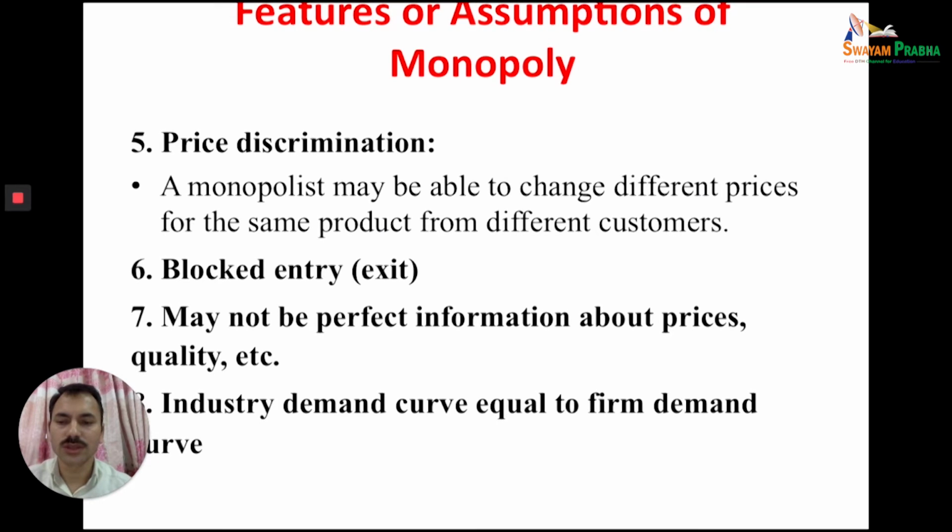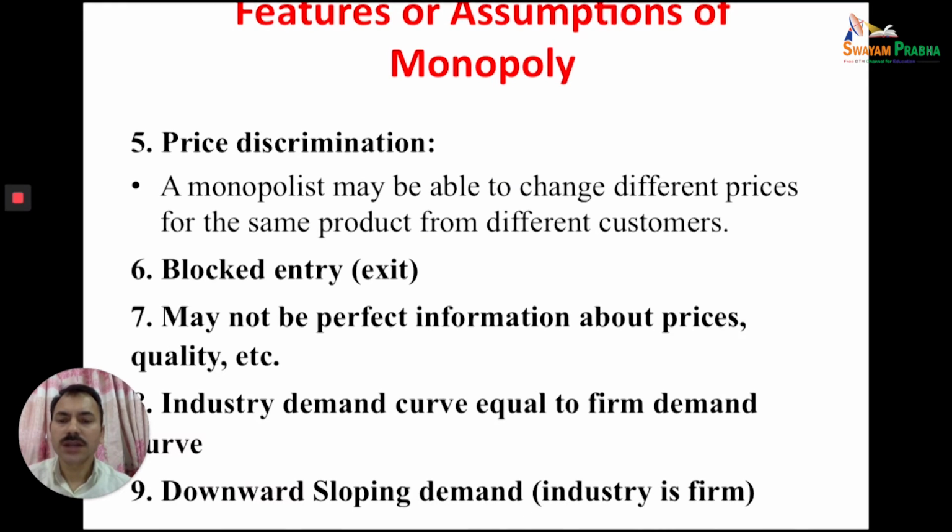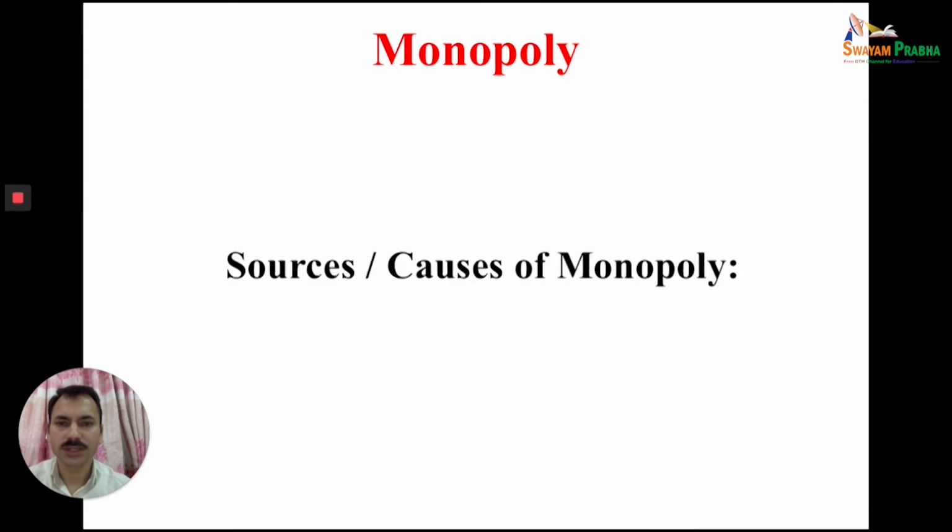You are not able to differentiate between AR and MR because the product is homogeneous. Homogeneity is there. And for the downward sloping demand, as I have stated, higher the price, lower the demand, and lower the price, higher the demand.